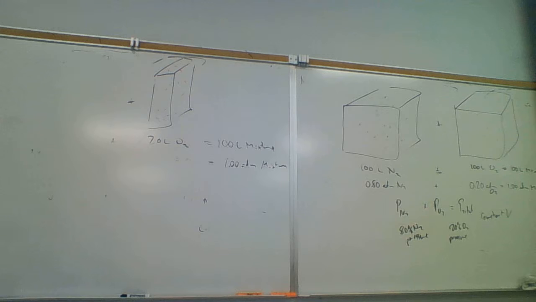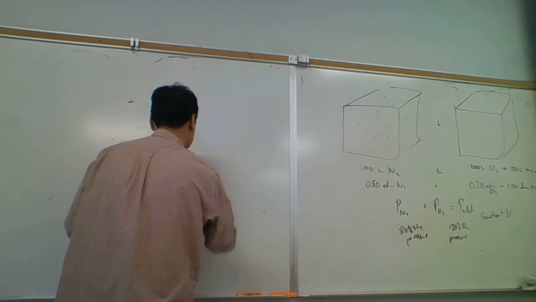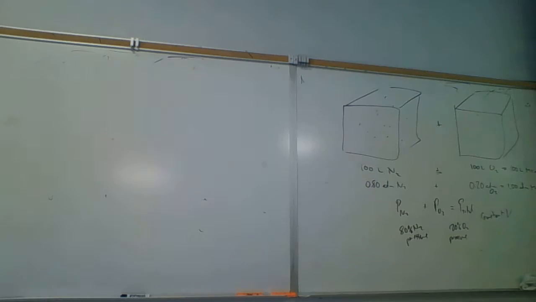So if I have 100 liters of air, I would have 80 liters of nitrogen at a pressure of 100 atmospheres. So those are the two ways of thinking about it. Okay, so let's go back to this problem here. Let's see how we want to describe this one problem.